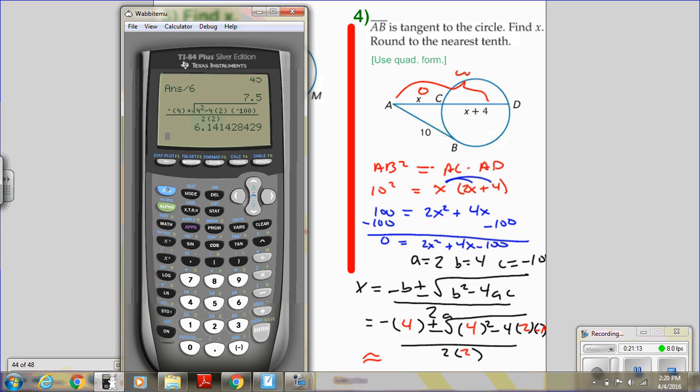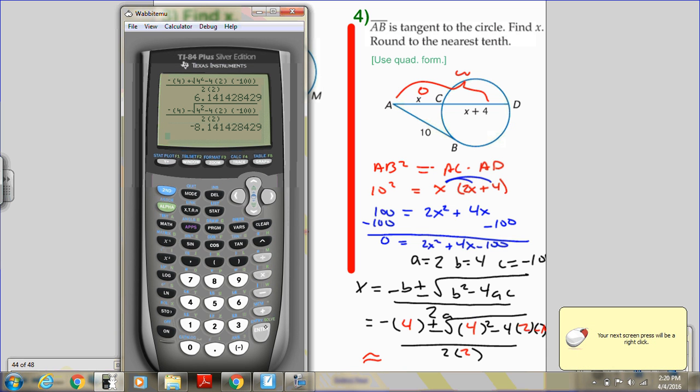And then hit second entry. And now the only thing we have to do is change the sign in front of the square root to a minus sign, and we don't have to retype everything. So hit minus now and enter again, and you get a negative number.